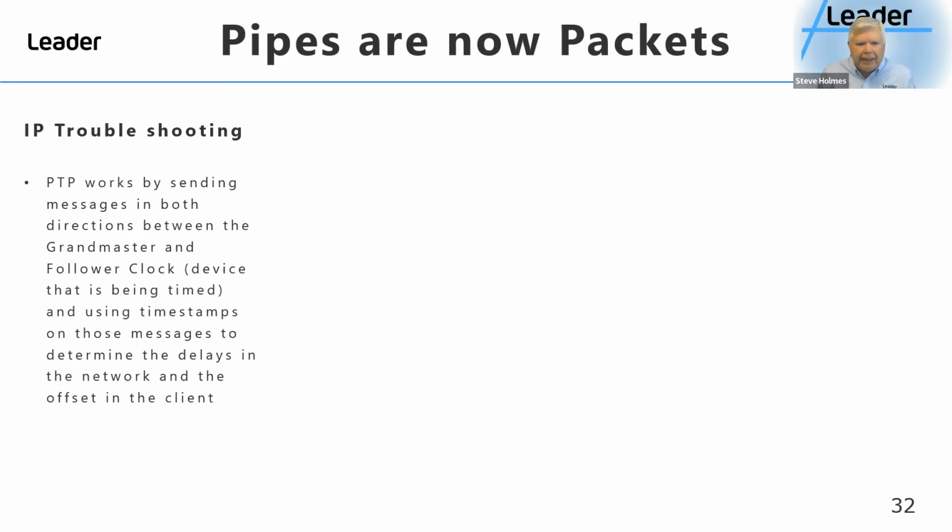PTP has been used for years for timestamping data down to the nanosecond. It's used on stock trades so that when you hit a buy, it's got a timestamp down to the nanosecond level of when that buy was initiated. It's used in our cell phone networks when we transfer from cell tower to cell tower to cell tower. That's all done using PTP.